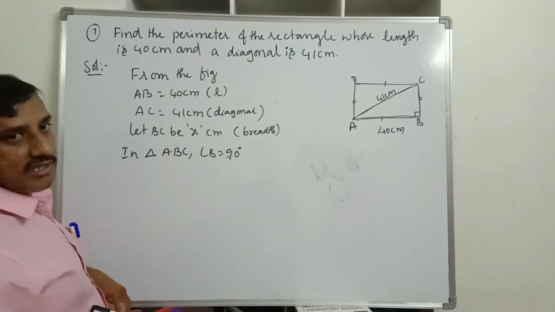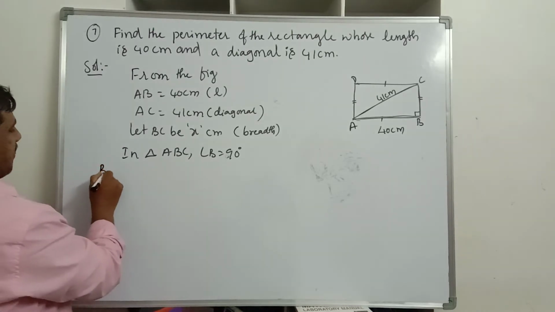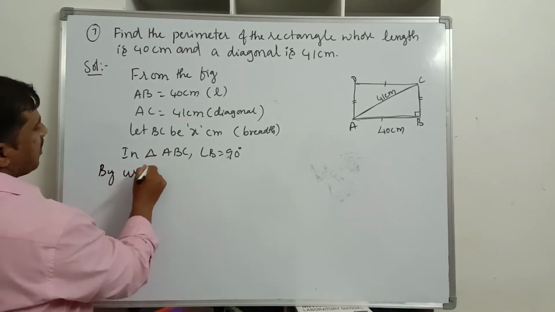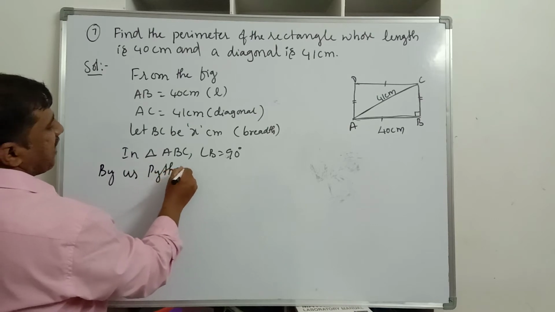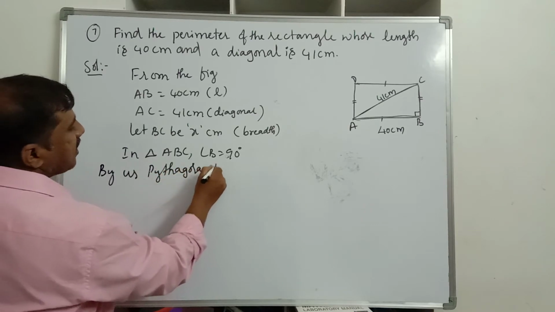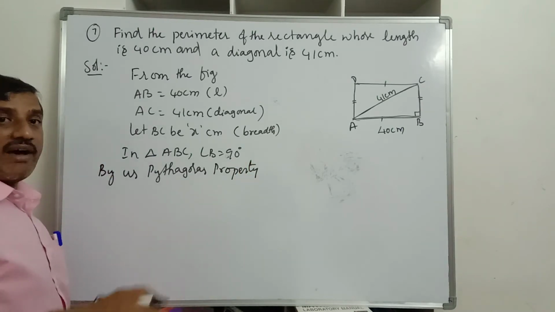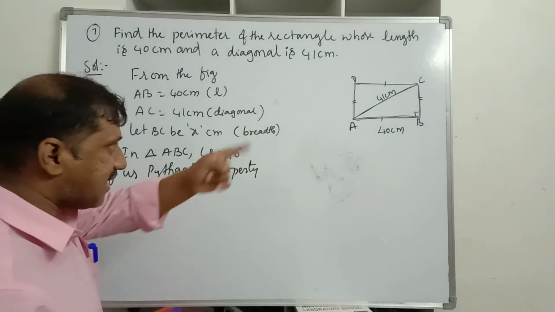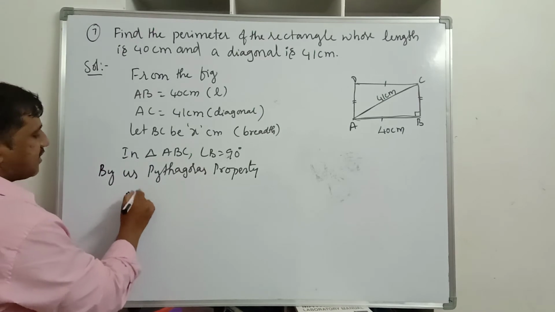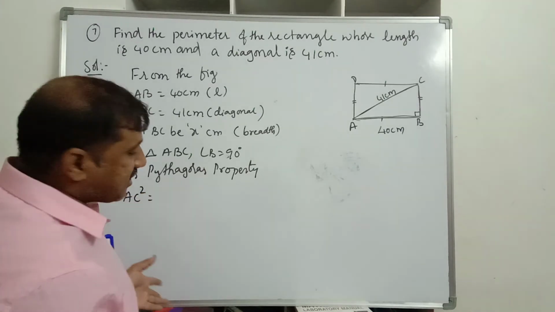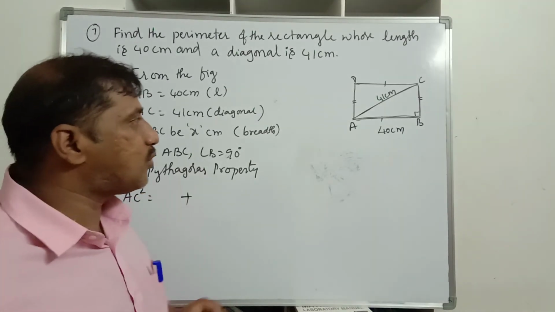Now apply the Pythagoras theorem. It states that the square of the hypotenuse, that is AC square, is equal to the sum of the squares of the other two sides. What are the other two sides?